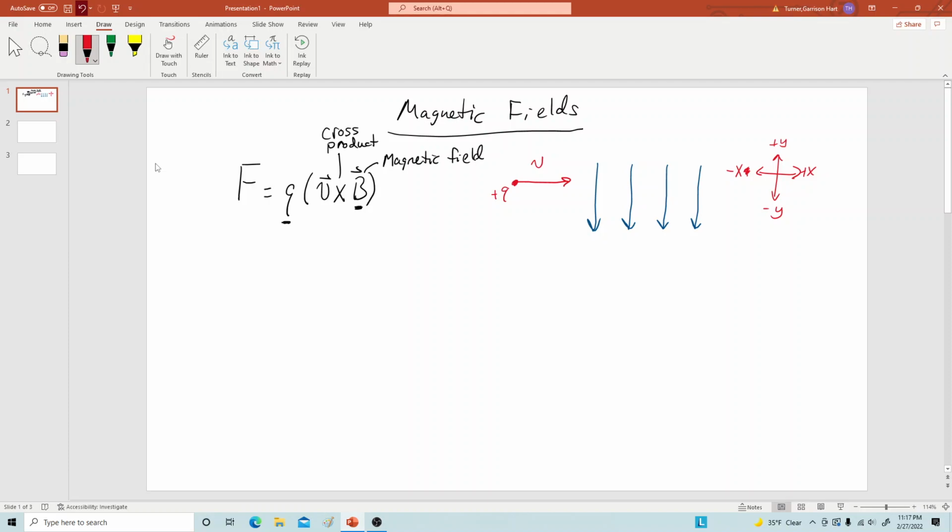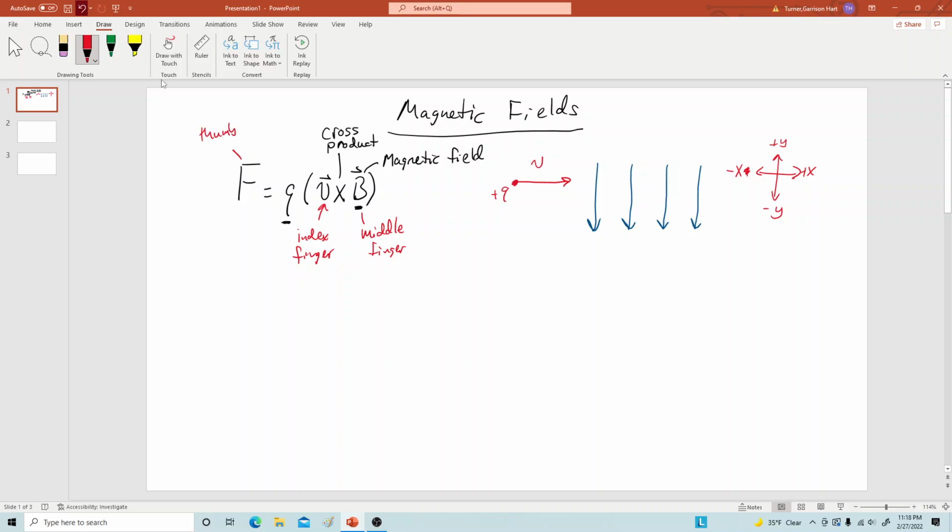If you recall from 298, we have the right-hand rule, which would be very difficult to draw on a two-dimensional sheet like this, but it says if you take your index finger and point that in the direction of your first vector in the cross product, and then your middle finger is in the direction of B, or your second vector, then your thumb naturally points in the direction of F.